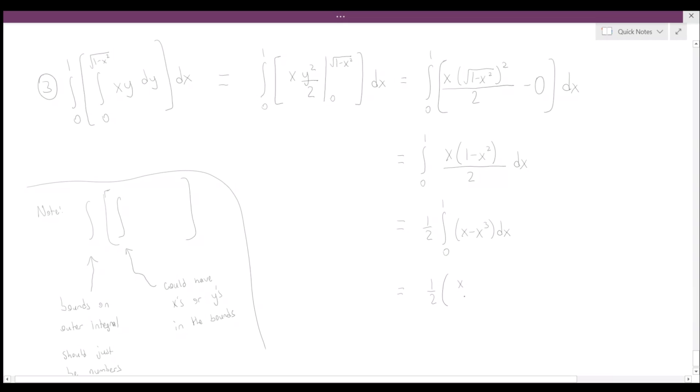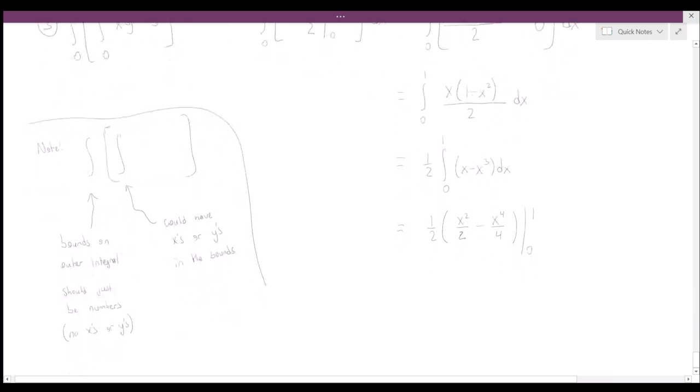So that'll be x squared over 2 minus x to the 4th power over 4, and then plugging in 0 and 1.